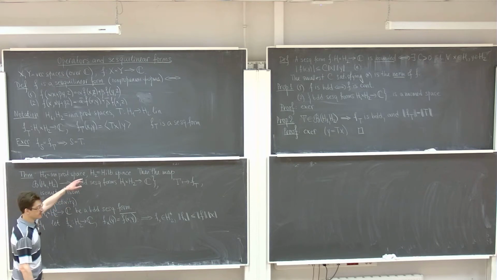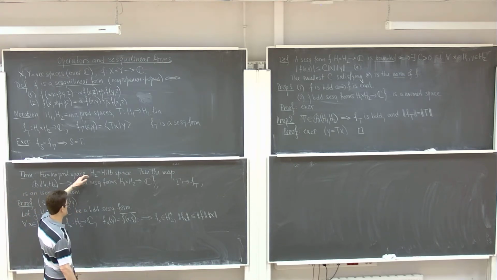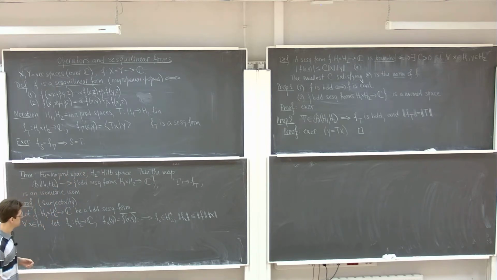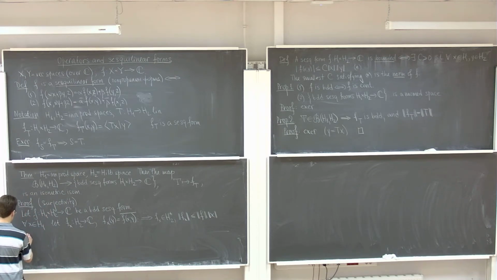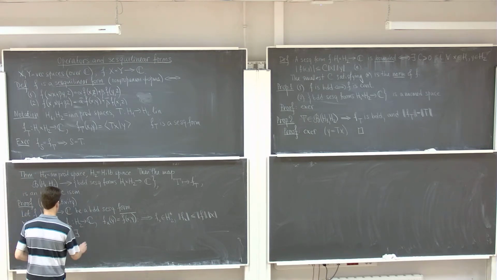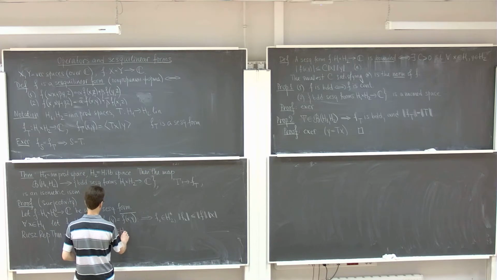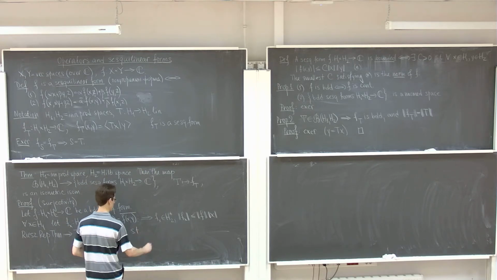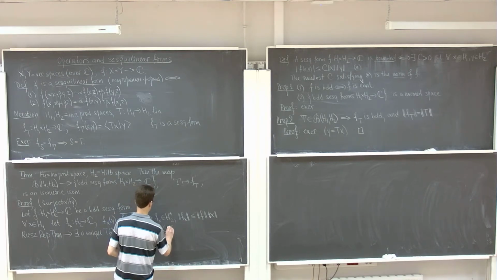Okay, now H2 is a Hilbert space. And we have the Riesz representation theorem, which states that each bounded functional on H2 comes from a vector. So we apply the Riesz representation theorem, and we conclude that there exists a unique element that's denoted by T(x) because it depends on x. This is an element in H2 such that f_x comes from T(x) in the following sense.